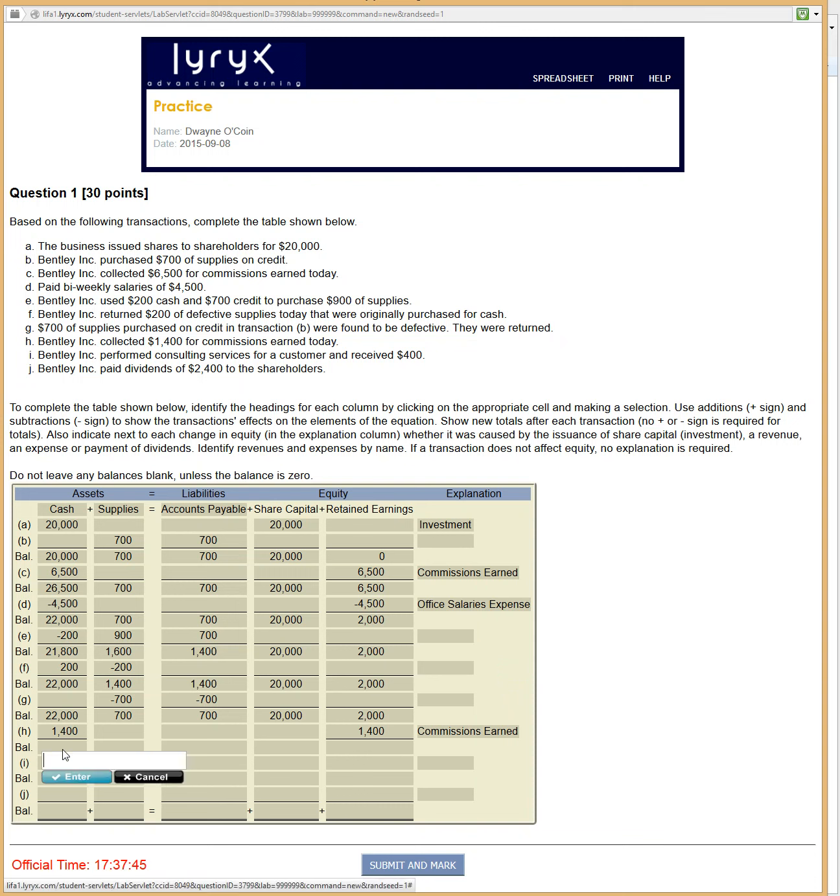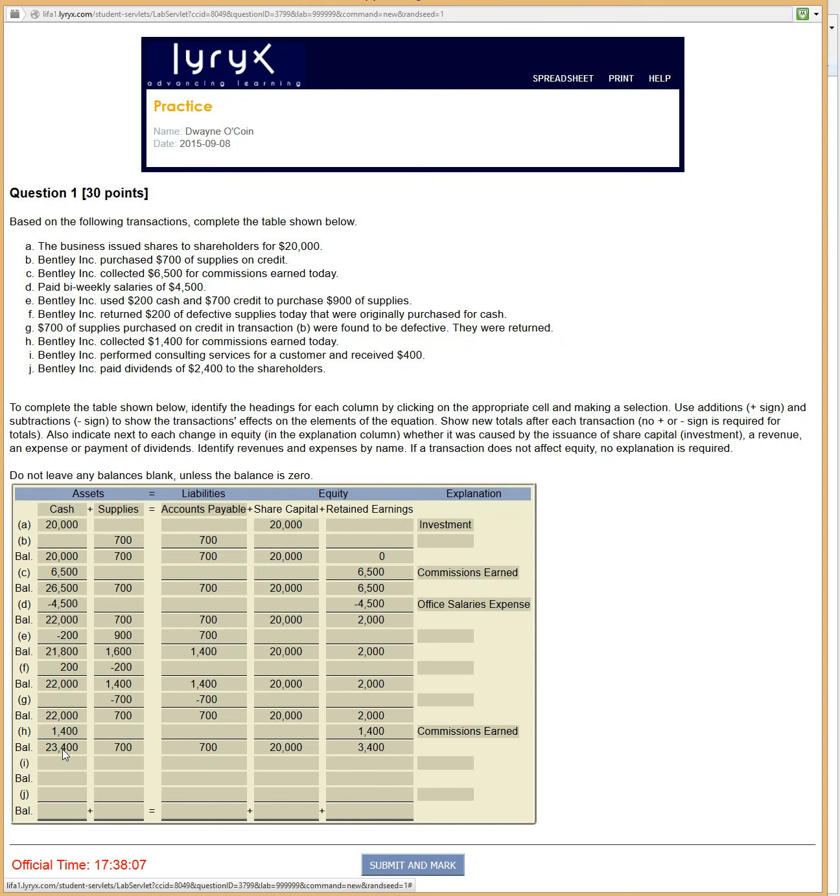All right, so once again, let's calculate the balances. And here we have to do a little bit of math. Our balances are now as shown.